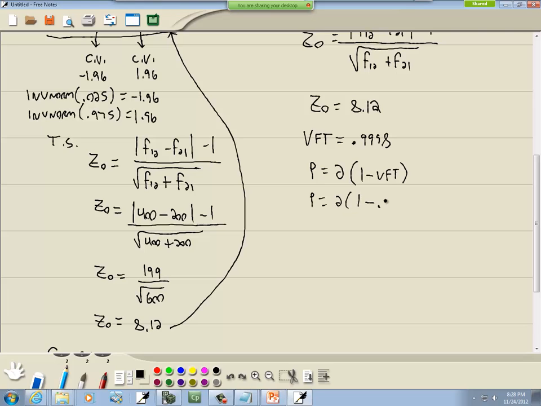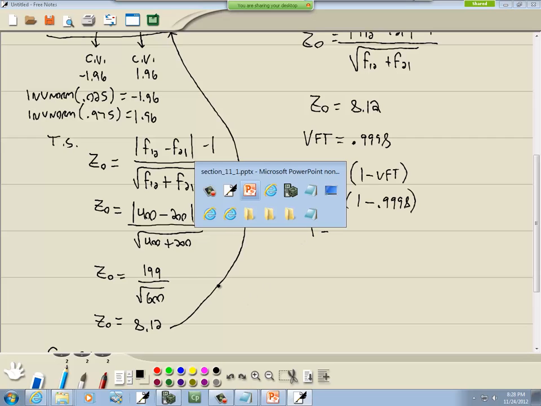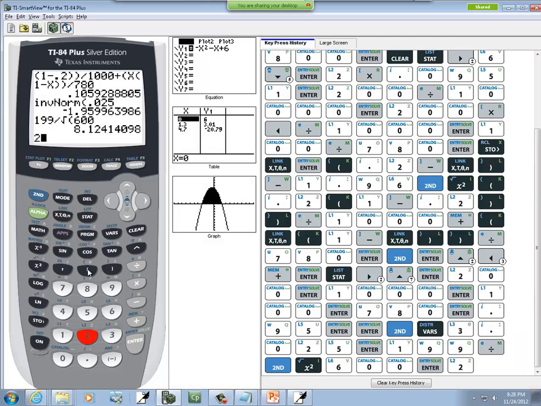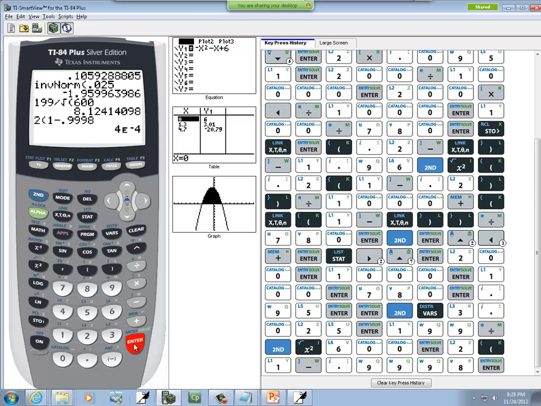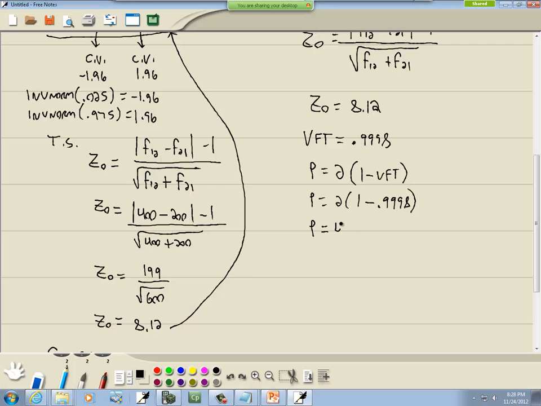It's 1 minus this, which is going to give us 4e to the negative 4, which my decimal point would be here if I had one, and I move it 4 places to the left. So it'd be 0.1234.